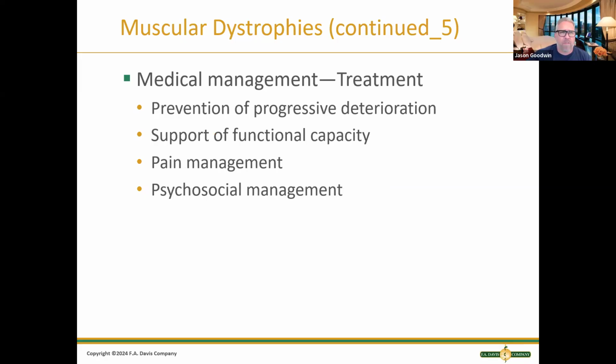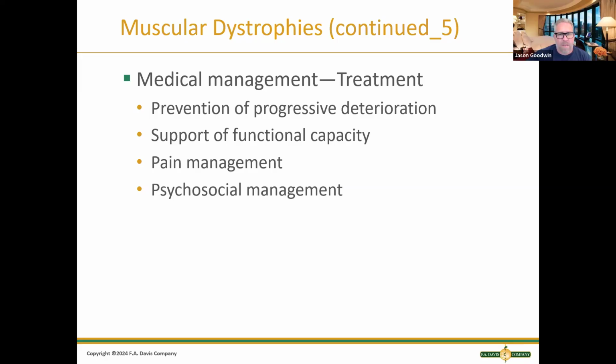So there's no cure for this. All we can do, as goals, is decrease the rate of deterioration, maintain functional ability if we can, reduce inflammation, and try to regulate the metabolic pathways to decrease enzyme activity and muscle destruction.